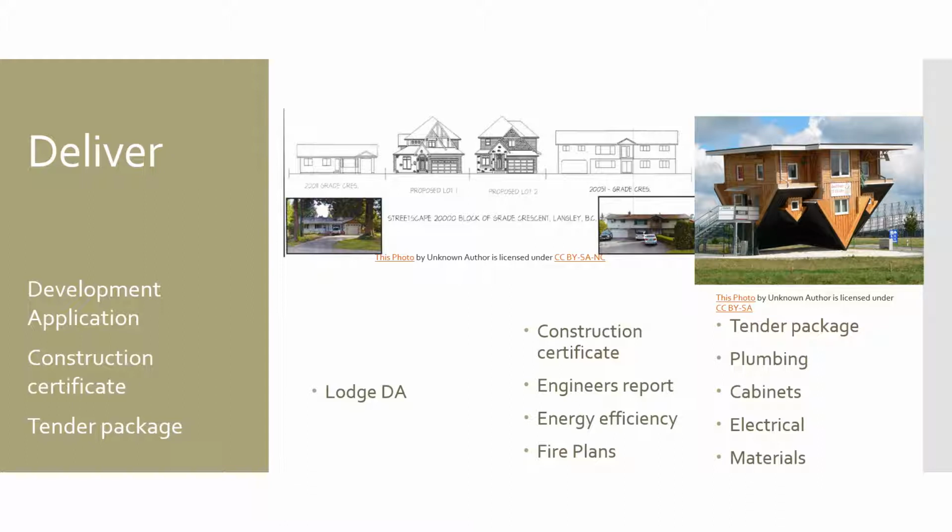The tender package will have extra details, essentially just so they can get an accurate price from a builder. That will be plumbing diagrams and cabinets, electrical layouts, flooring details, tiled areas, door and window specifics, kitchen sizes for appliances, modern electrical systems that can be quite involved, heating, cooling, solar panels, often applicable these days, and rainwater collection, which is also fairly applicable.